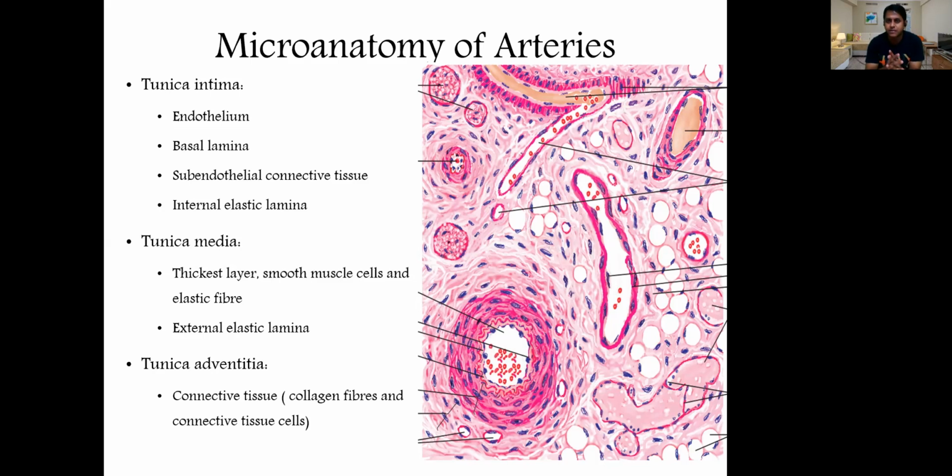This word, basal lamina, may be used interchangeably with the basement membrane in some books. So the endothelium rests over the basal lamina, and below the basal lamina lies the subendothelial connective tissue.